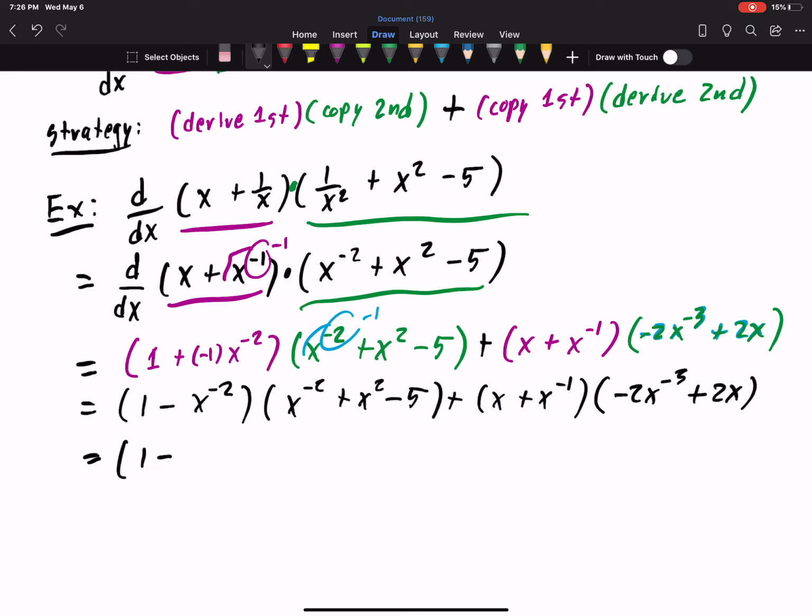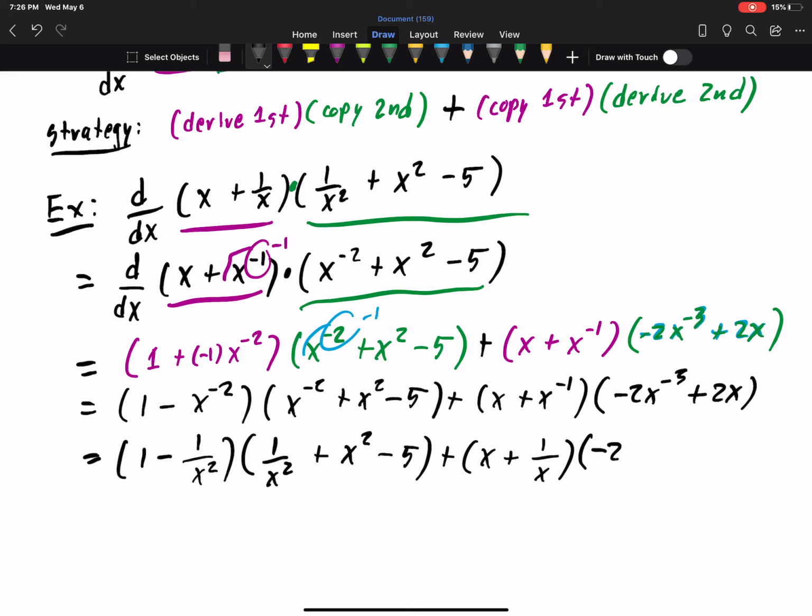So you have 1 over x squared times 1 over x squared plus x squared minus 5 plus x plus 1 over x. So basically we're just turning all of our negative exponents into positive exponents in the denominator. Usual exponent rules. Nothing too complicated about that.